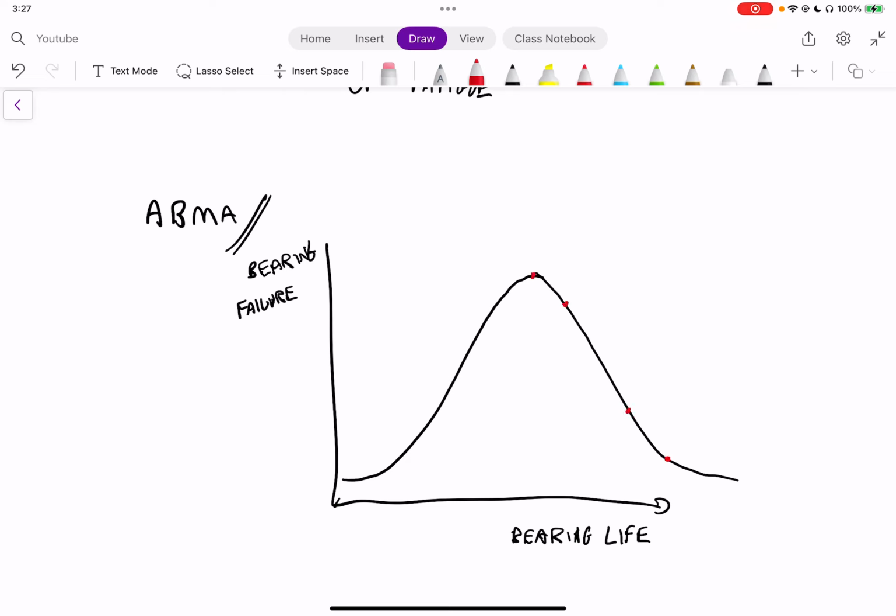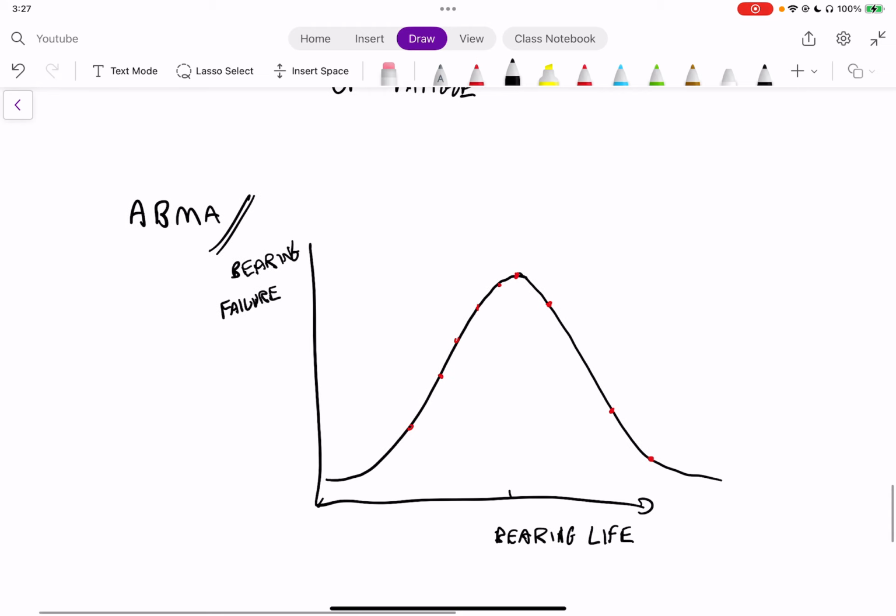And so you have this kind of graph that adds up in terms of where the failures happen the most. So we can see that the failures that happen the most are at this bearing life.